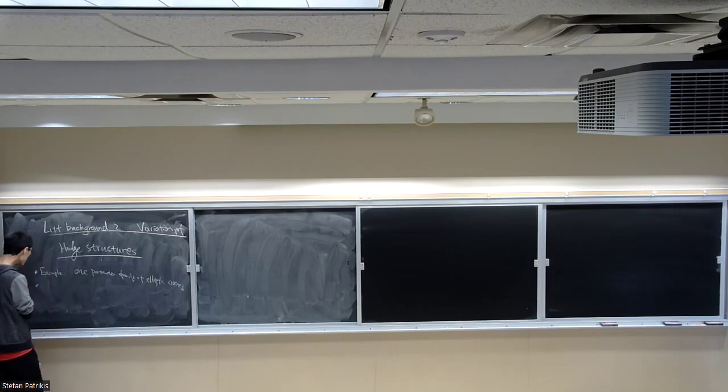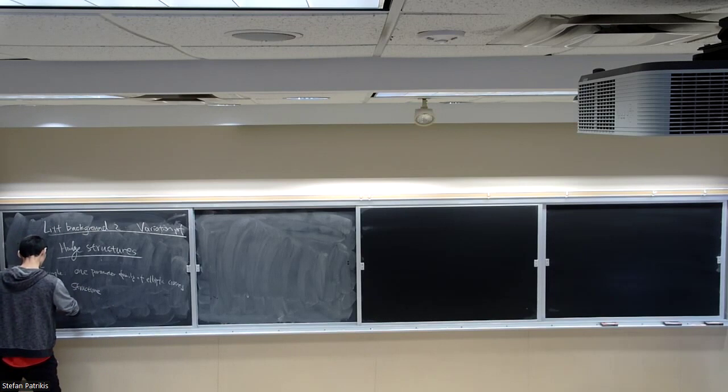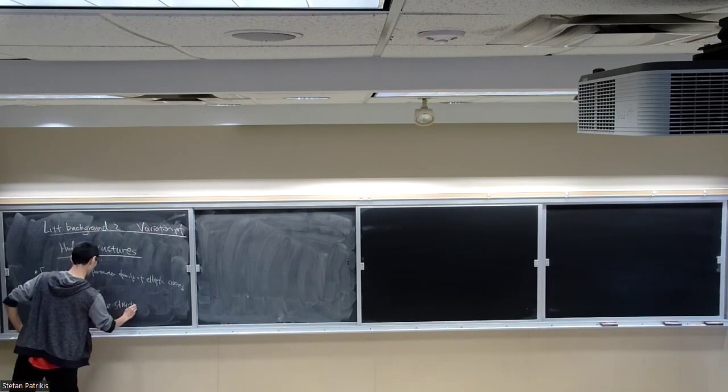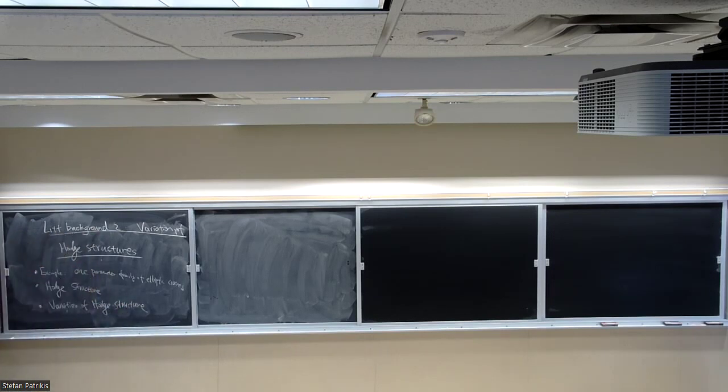And then I will give you a formal introduction of where the Hodge structure is coming from, both algebraically and analytically. And then we will talk about variation of Hodge structure, where we are going to go back to this working family again.